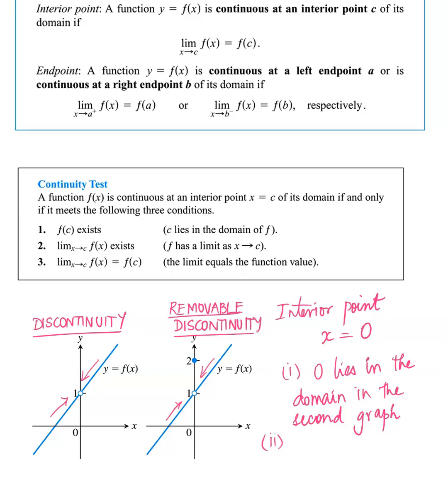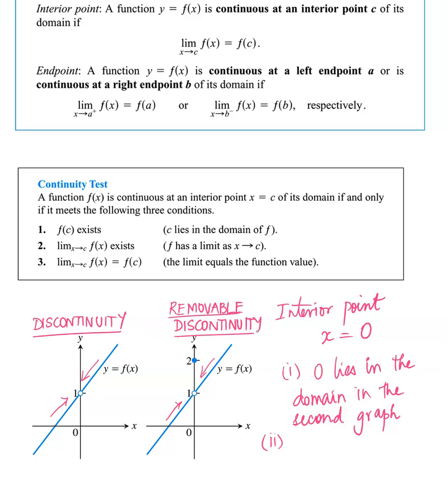That's why we call it the removable discontinuity. Okay. Now, or you can actually fill the hole right there and use the piecewise function to separately define a point at 1. And so it's like two pieces, but they both merge and give you that one continuous graph.